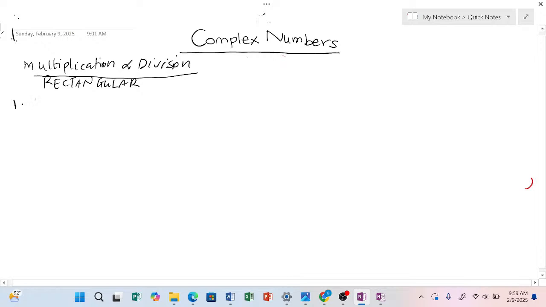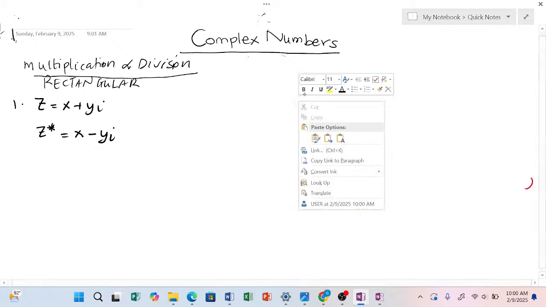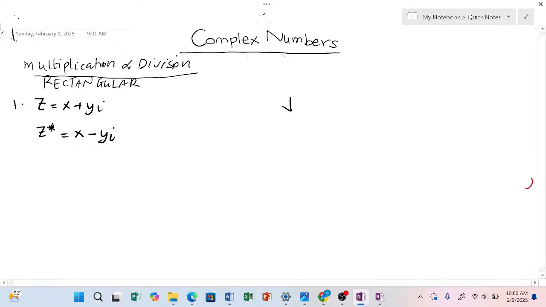If I have a complex number z, which is x plus yi, the conjugate is what? x minus what? y. I told you that in senior high school: if I have square root of 2, the conjugate is negative square root of 2, right?